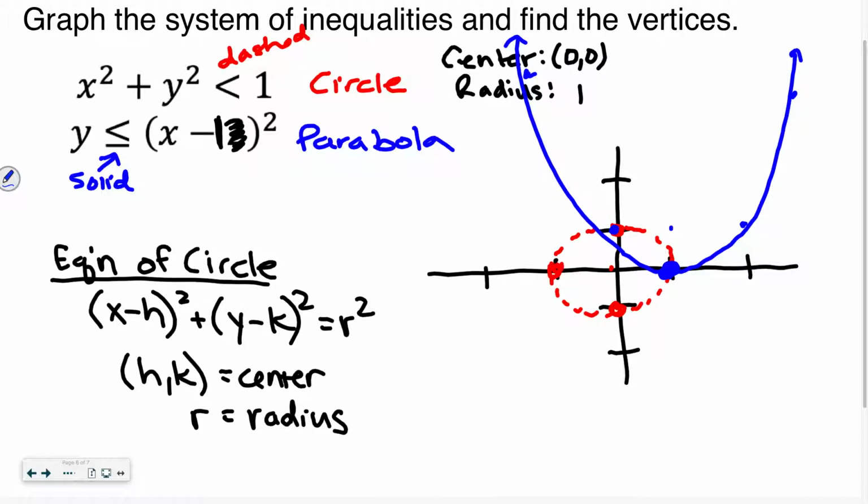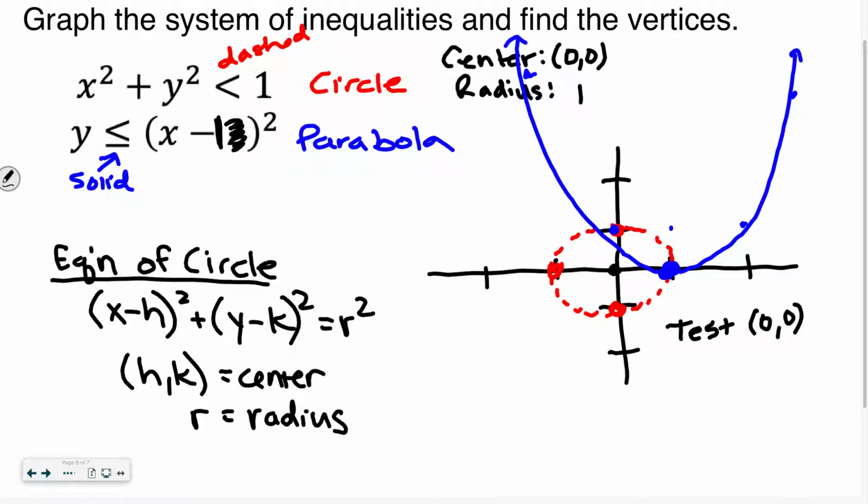Now, you guys have nice paper and pencil, so you can do some kind of shading, but the smart board is not really great for shading. It gets really messy. So I'm just going to go back here at the end and decide where I should be shading. Okay? So for both of these graphs, a nice point for me to test would be at the origin. Okay? So I'm going to test the point 0, 0 because it's not on either graph.